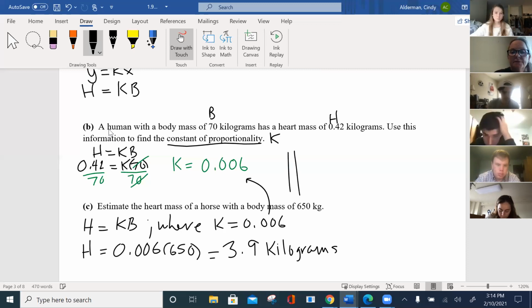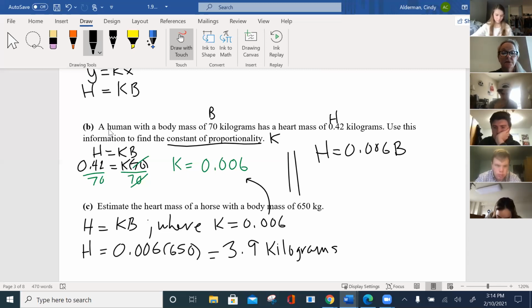So from this up here, we end up getting a formula, H is equal to 0.006 times the body mass. Then I just gave you the body mass was 650 kilograms. So then the heart mass would be 3.9 kilograms.